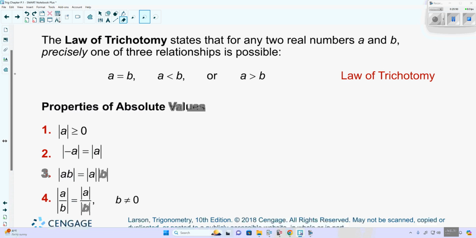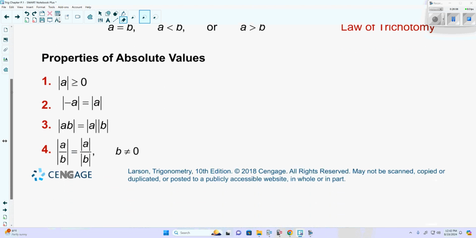The law of trichotomy states that for any two real numbers, A and B, precisely one of these three relationships is possible. Either A is equal to B, A is less than B, or A is greater than B. And we do have these properties: the absolute value of A is greater than or equal to 0, because A has to be positive.